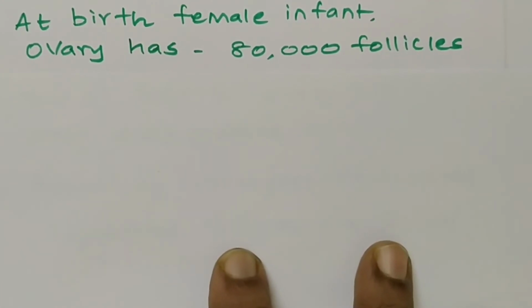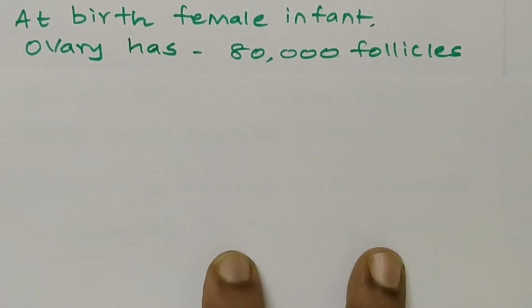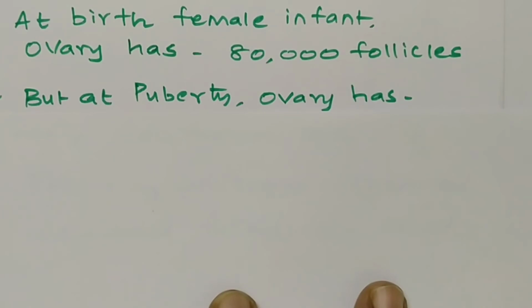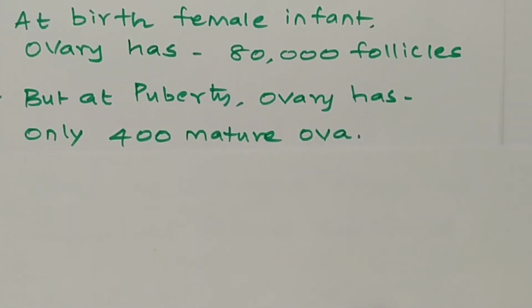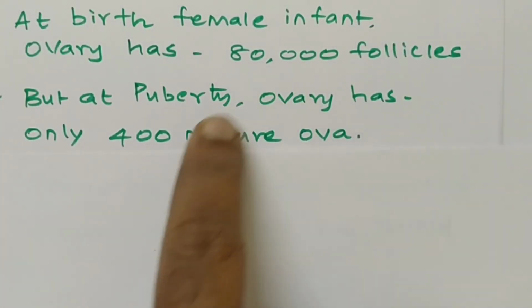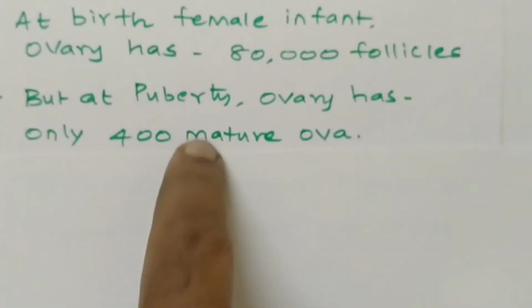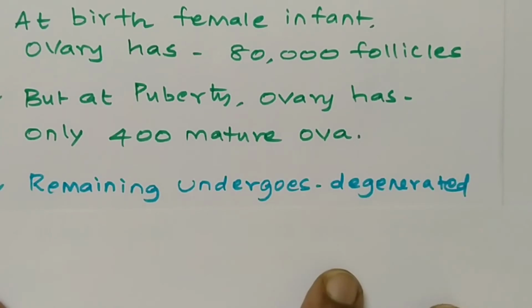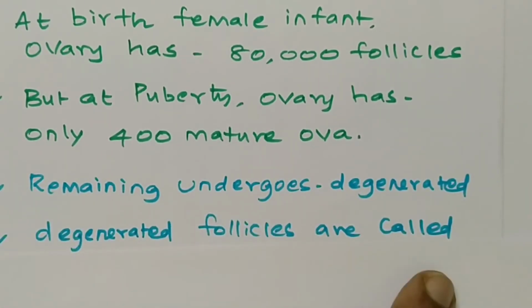So at birth, the female infant's ovary has 80,000 follicles, but at puberty, the ovary has only 400 mature ova. So from 80,000 to 400, it is reduced. That means the remaining undergo degeneration. The degenerated follicles are called atretic follicles.